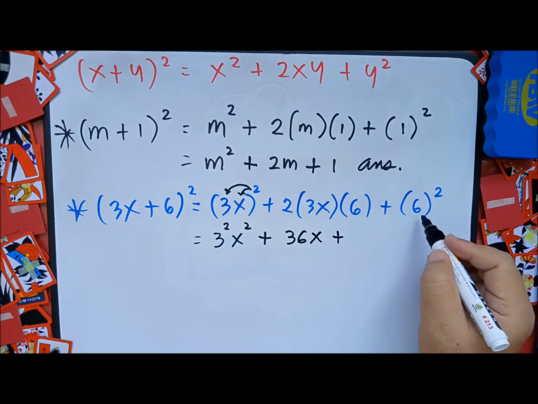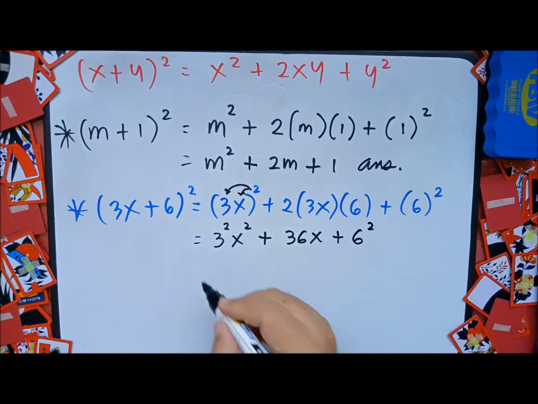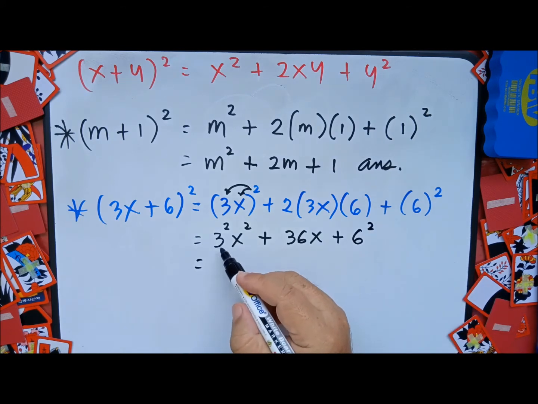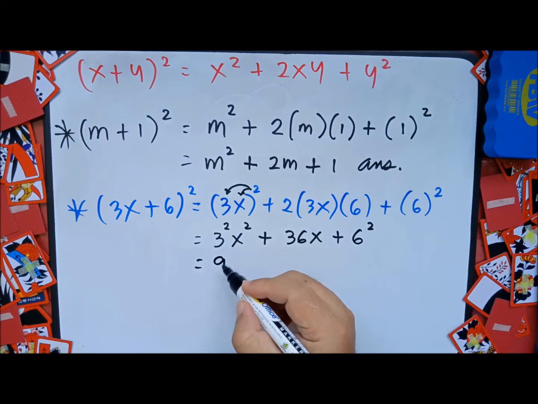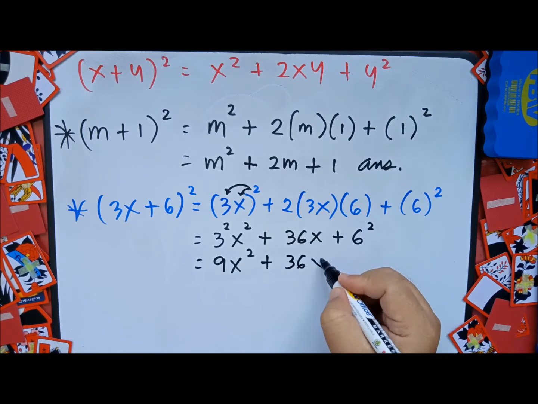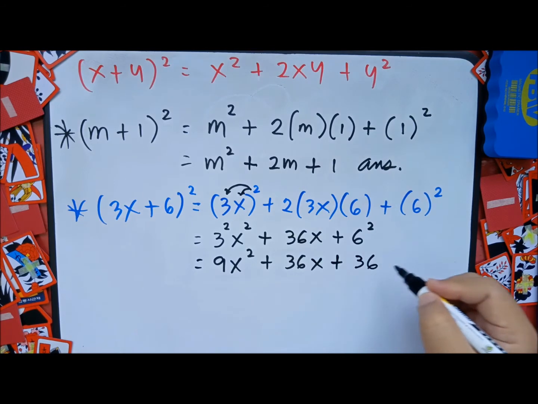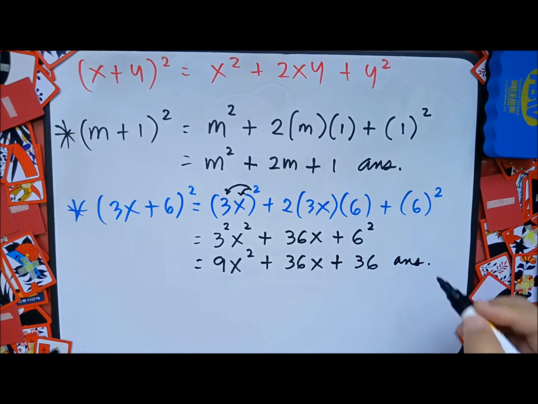Then 6 squared. Next, 3 times 3 is 9. Remember, do not multiply 3 squared by 2; 3 squared is equal to 3 times 3. So 9x squared plus 36x plus 6 times 6, which is 36. So this will be your final answer.